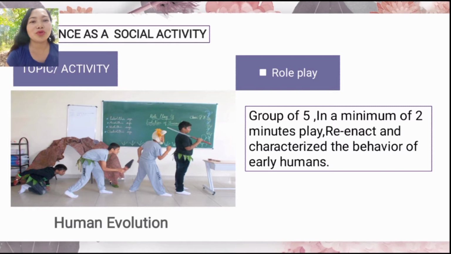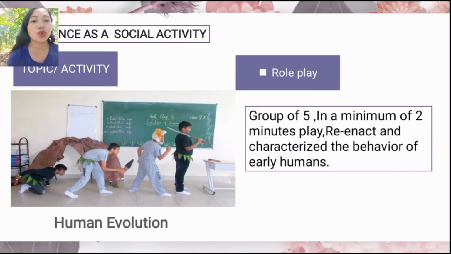For human evolution, of course, this is a very good role play, because you can just act even without communicating. You just have to show what those early humans or ancient men were doing during those stages.